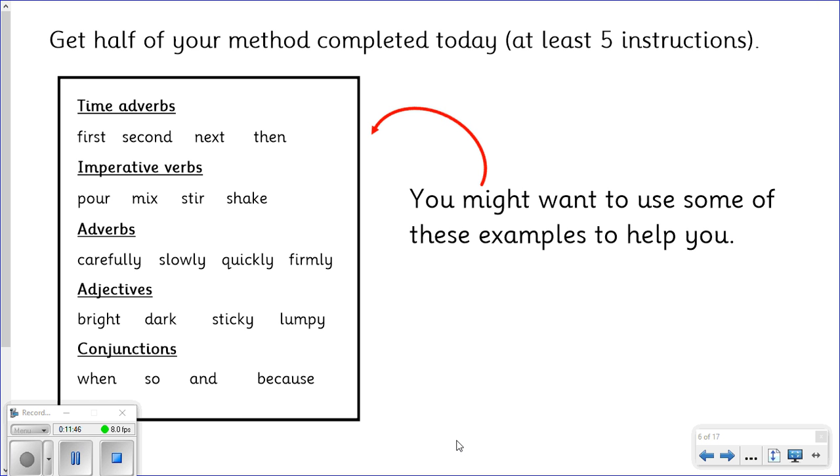So I'm going to leave you to it. You know what you're doing. Don't finish your method today. You've got 2 days to do this. So take your time, and really concentrate on making sure that your instructions have got those time adverbs, imperative verbs, adverbs, adjectives, and conjunctions.